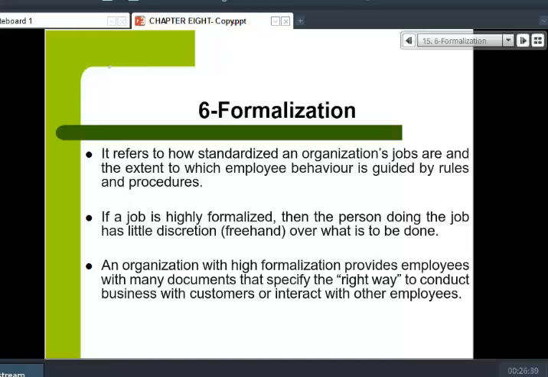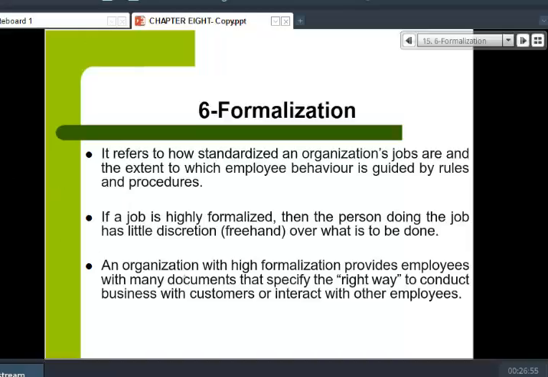If the jobs are highly formalized, then the person doing the job has little free hand over what is to be done, little responsibility, little flexibility.